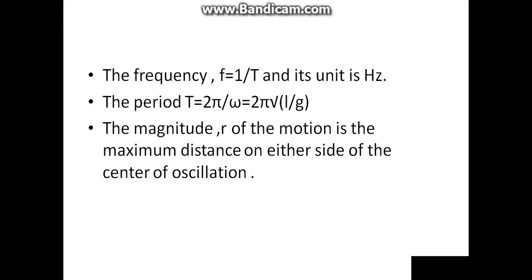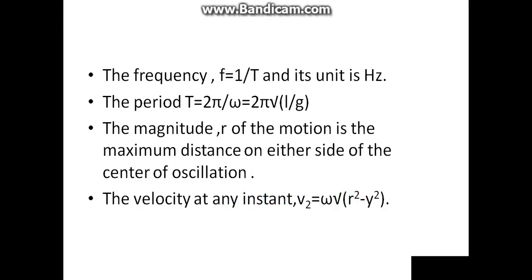The velocity at any instant v is equal to omega times the square root of r squared minus y squared. The maximum velocity v max is equal to omega r.